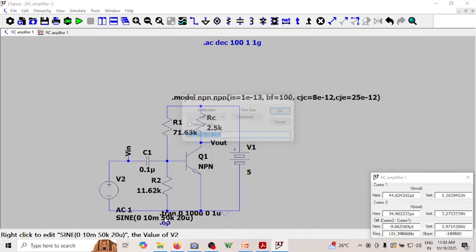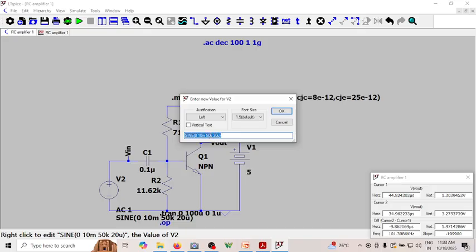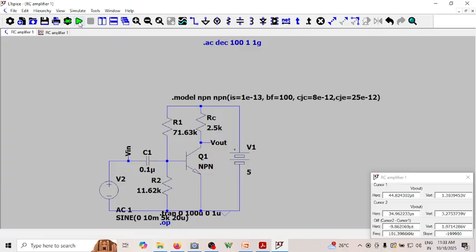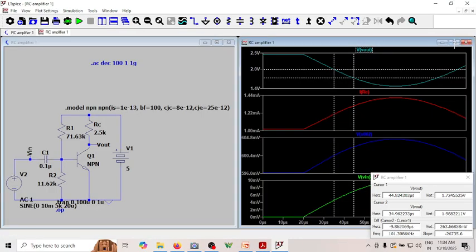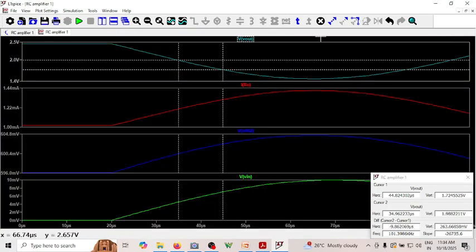Let me change the frequency to 5 kilohertz and see what happens to the gain. Let me run it here. Now I will change the time also. Why do I have to change the time? Because as I reduce the frequency, the period will also change.